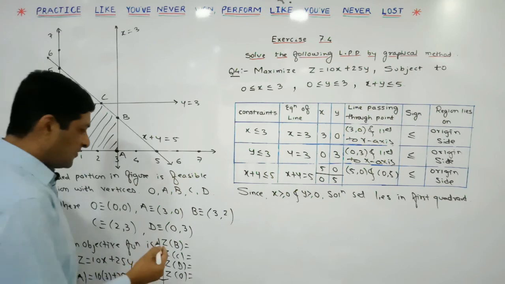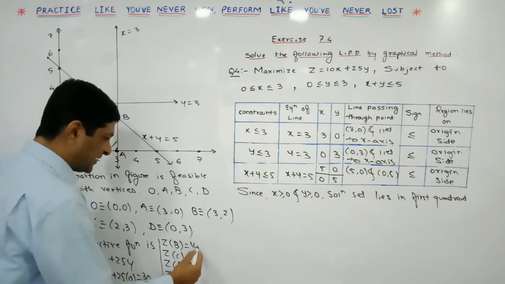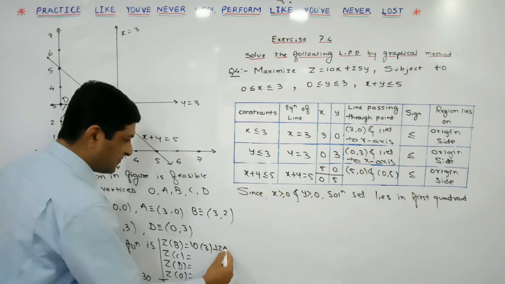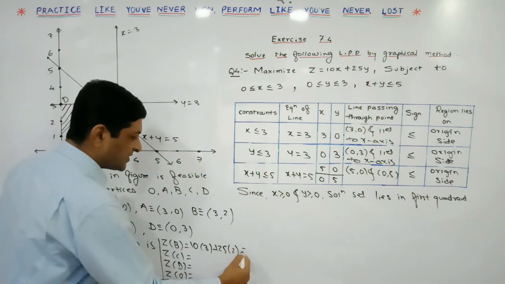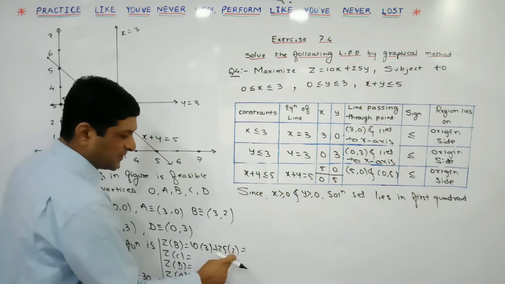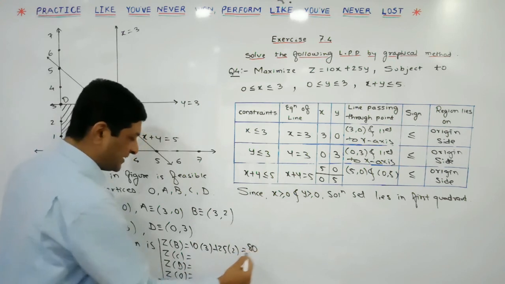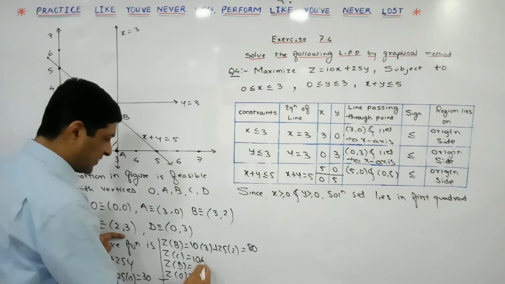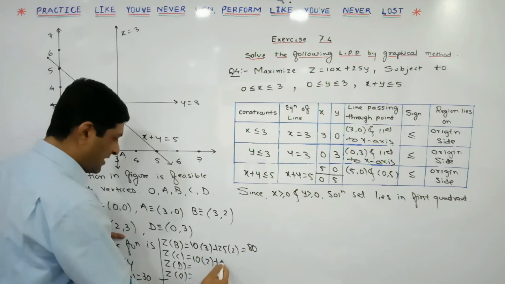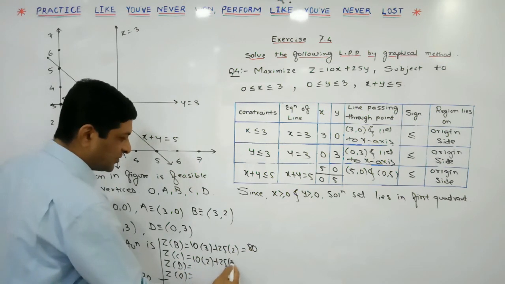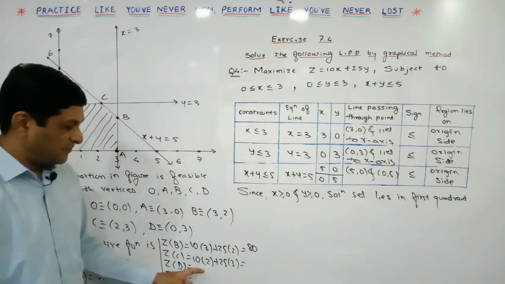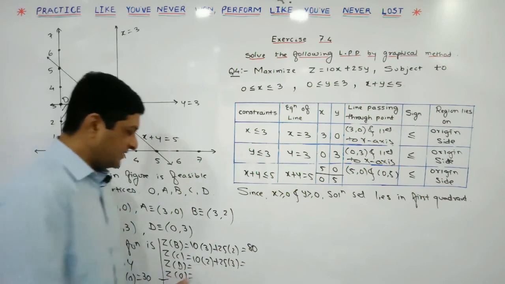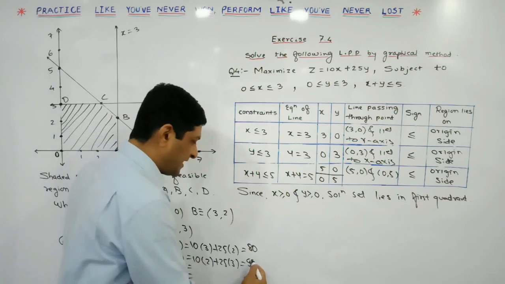Then find the value of the objective function at vertex B: 10 times 3 plus 25 times 2, which is 30 plus 50, equal to 80. Then find the value at vertex C, where the coordinates are (2, 3): 10 times 2 is 20 and 25 times 3 is 75. 75 plus 20 is 95.